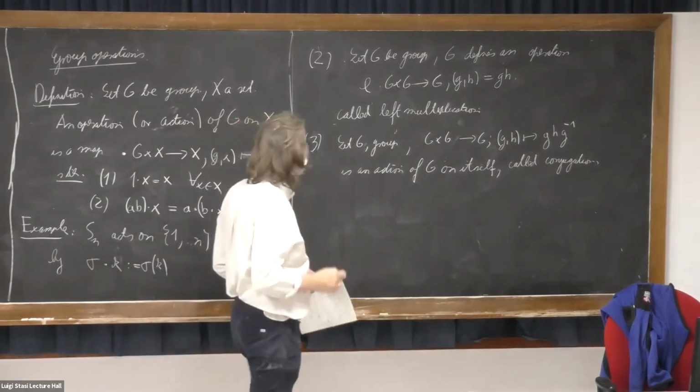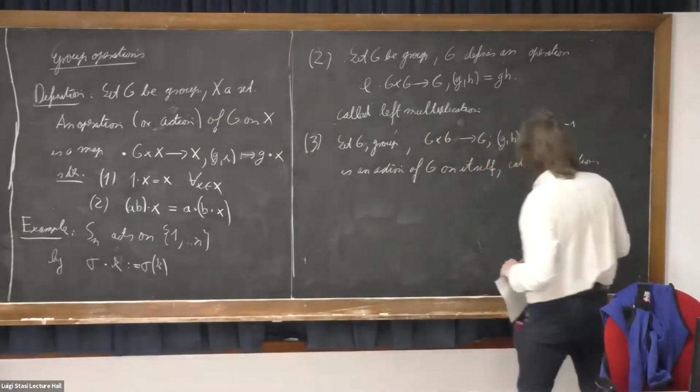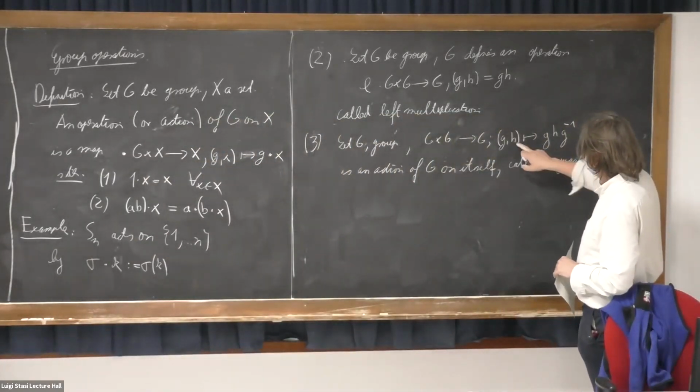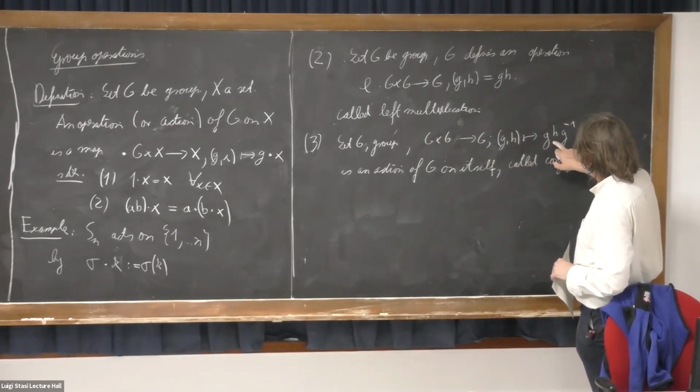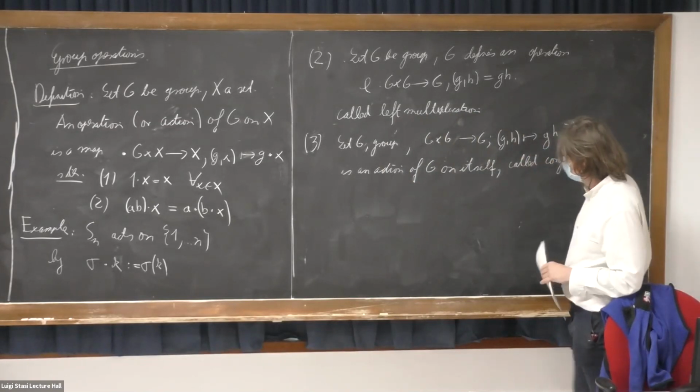Just to make clear, obviously, if g is equal to 1, then this is 1 h 1 to the minus 1, which is h.